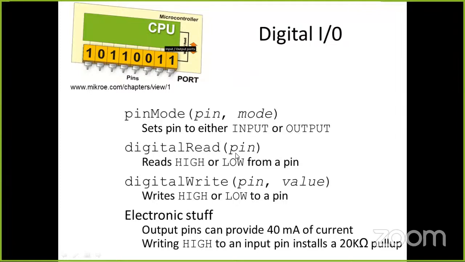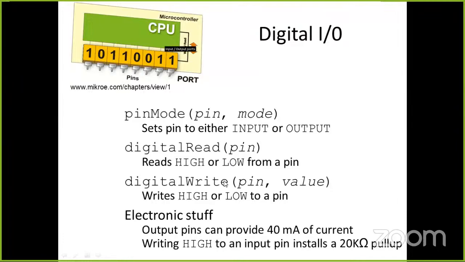Then this one is read. If we want to read any digital pin, we use digitalRead, with the pin number, and the status high or low, 0 or 1, that we read. Like earlier, we were reading the PIR sensor value, which was 0 and 1 in the serial monitor. In the same way we read either high or low, or 0 or 1. This one is digitalWrite.